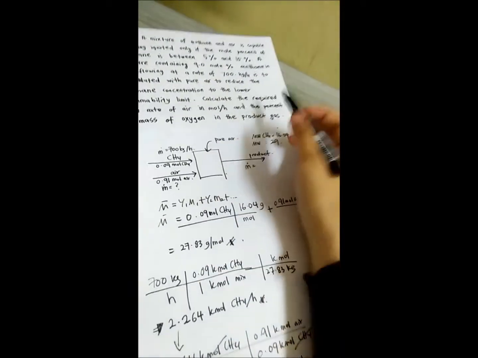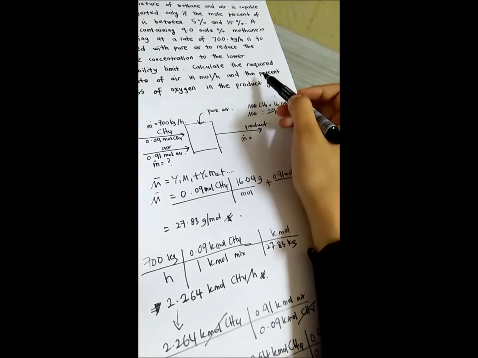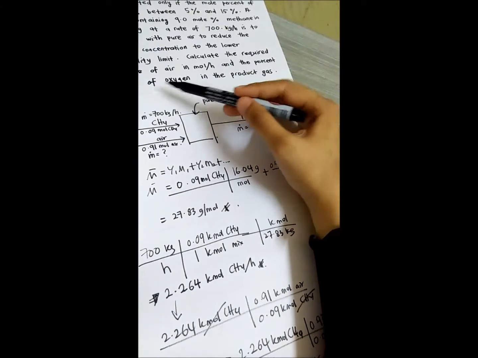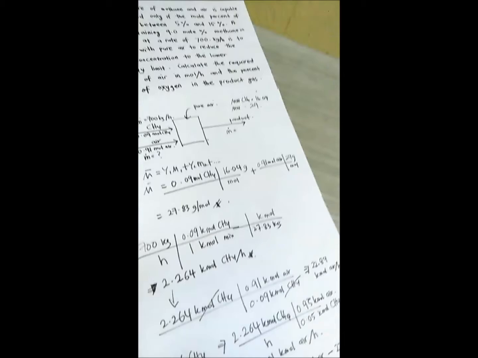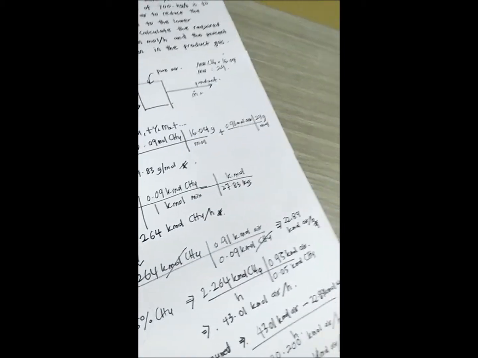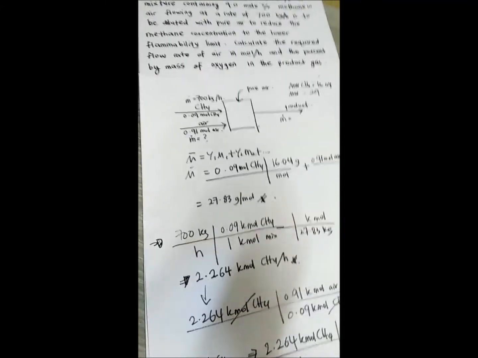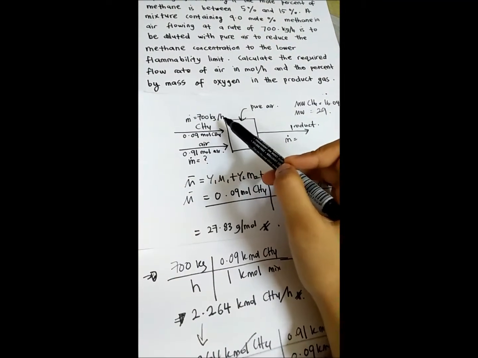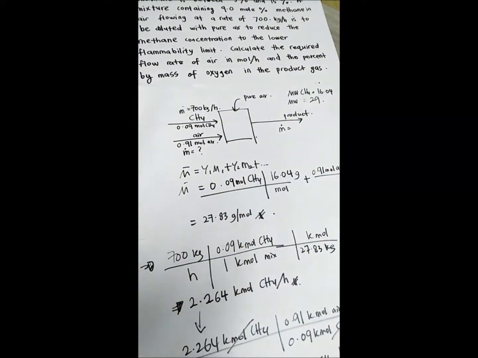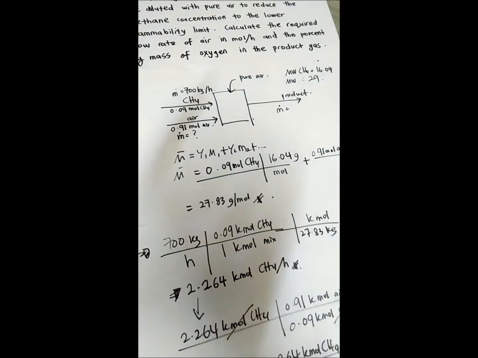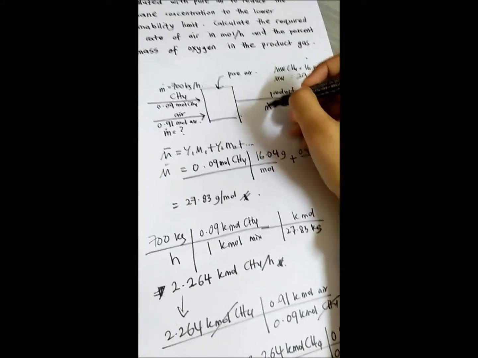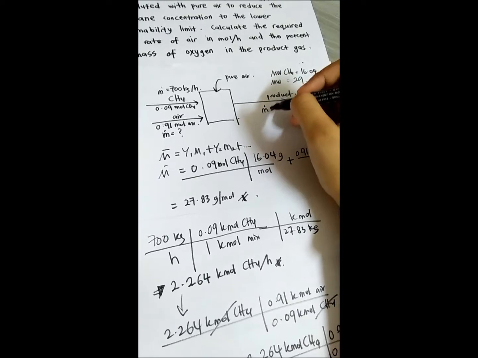Now we go to the last part, which asks you to calculate the percent by mass of oxygen in the product gas. You have the mass flow rate of methane, which is 700 kg per hour. You just need to know the mass flow rate of air, and we add them together.